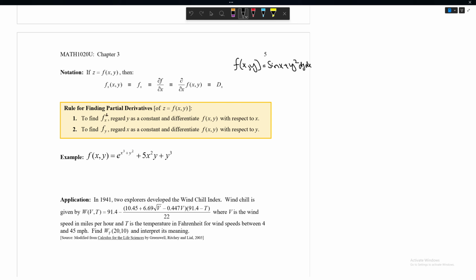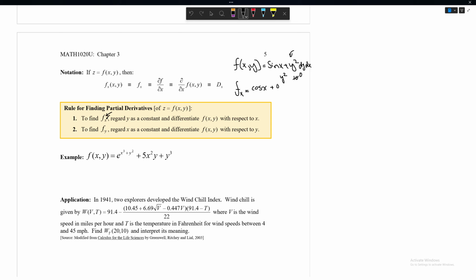When I differentiate in terms of x, I will treat y as a constant. I derive this and I'll get cos x, plus y squared is a constant. When you derive a constant, as if you're deriving 10, this goes to 0. So that's what it looks like.